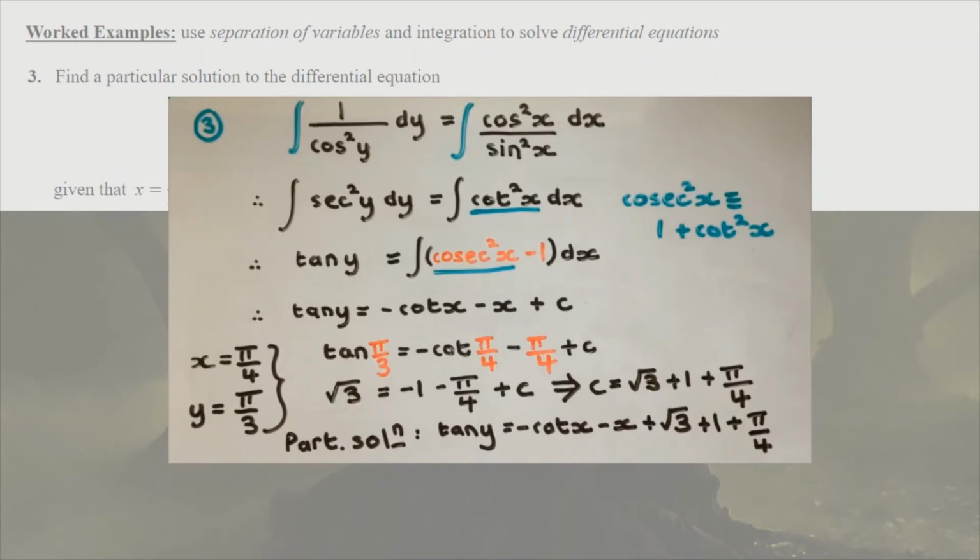And it's a nice exercise if you want to. Nice bit of implicit differentiation here. If you want to try and set up the differential equation from scratch using this. Okay, but that is the particular solution.